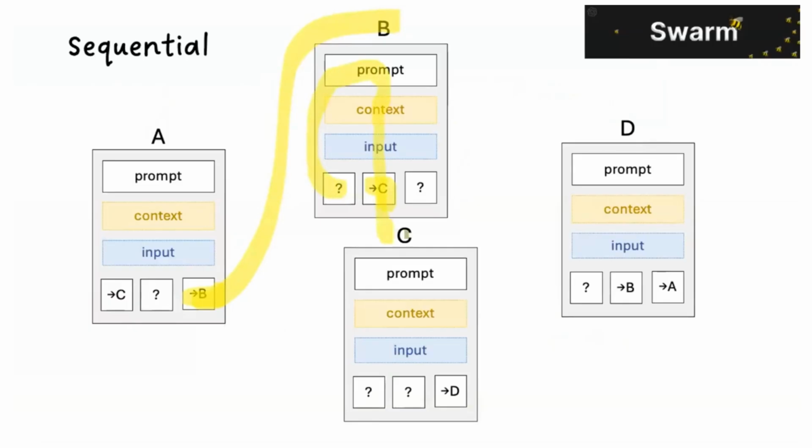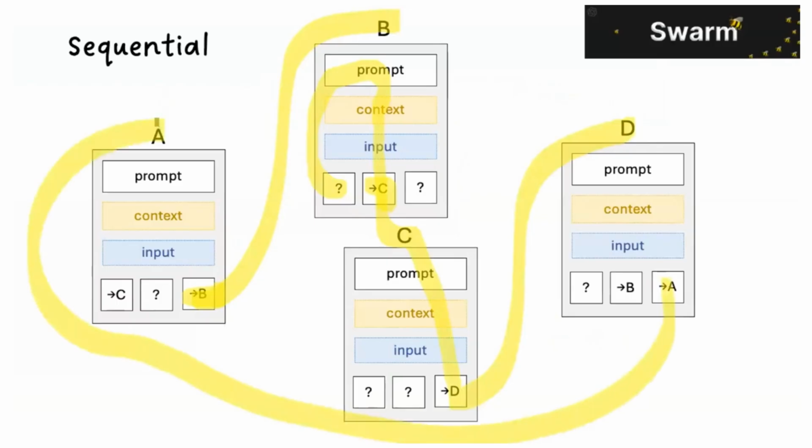Then it eventually transfers to C, and then to D, and then D could decide I can transfer to A again. So this is going through as a list or a loop sequentially. Each time you have one agent running, but once it's done, it hands off to the other one. So it's sequential. The advantage of this is that it's a lot easier for you to reason about, understand, and describe the process.